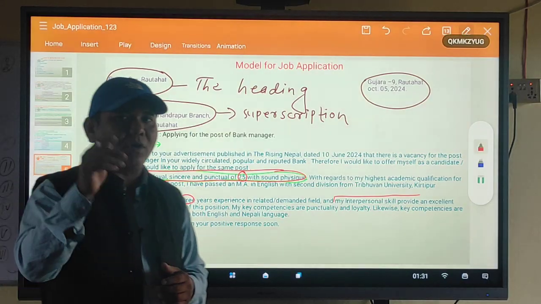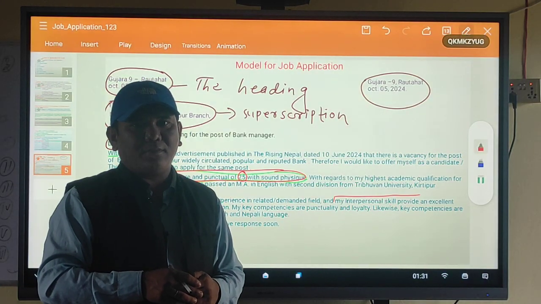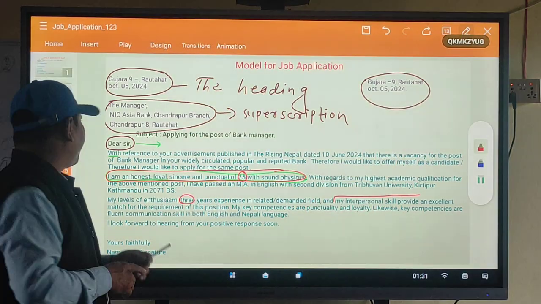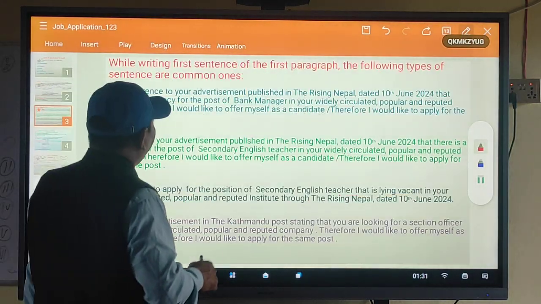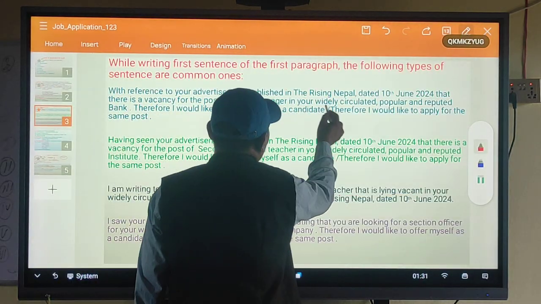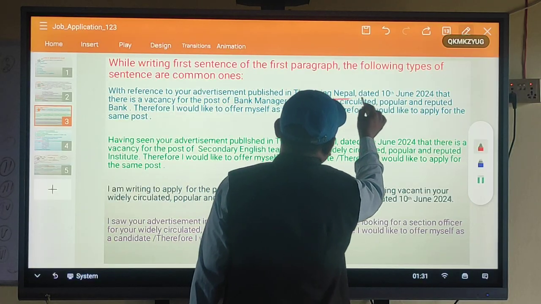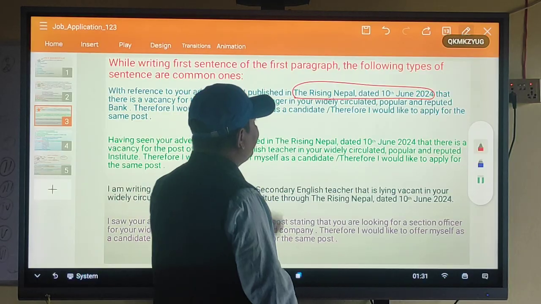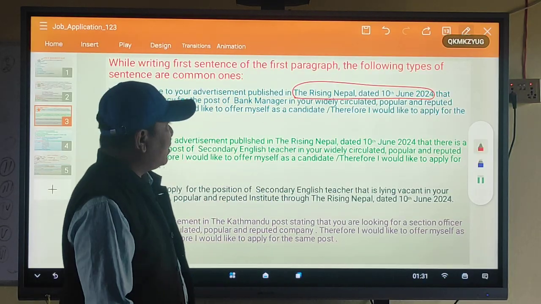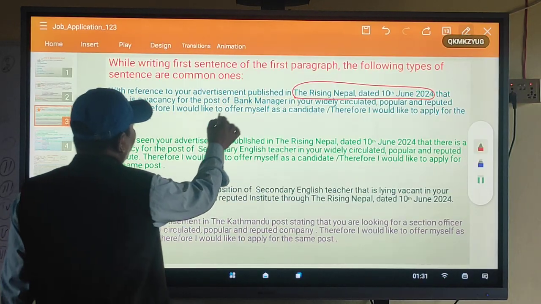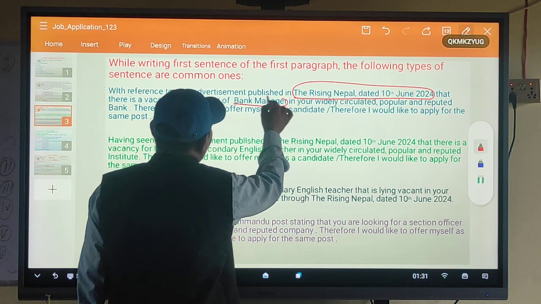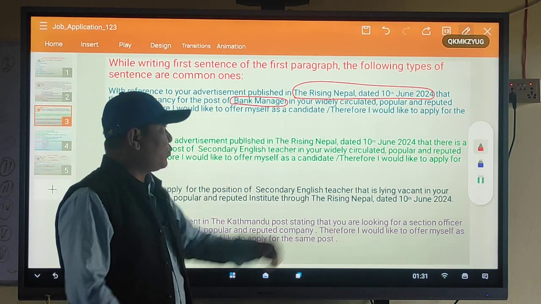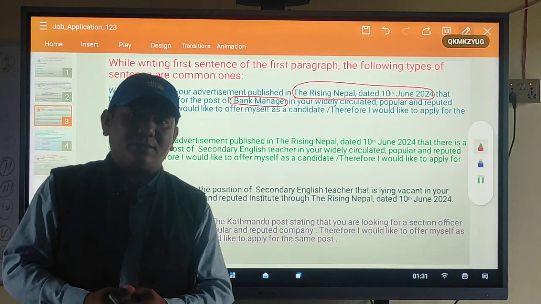You must memorize one of these paragraphs, and you only need to change a few words, like you can change your advertisement published in the, you can change these words, post of bank manager. You can change this word, otherwise you can write as it is.